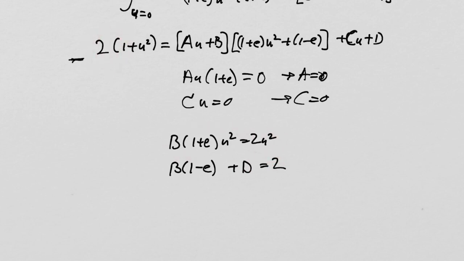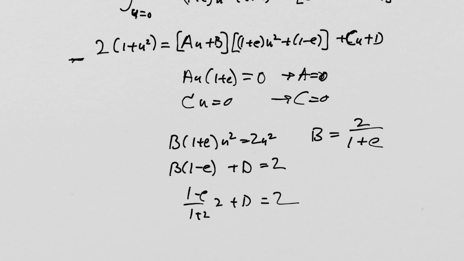This gives us b equals 2 over 1 plus e, and then if I substitute that in here for b, I get 1 minus e over 1 plus e times 2, plus d equals 2.